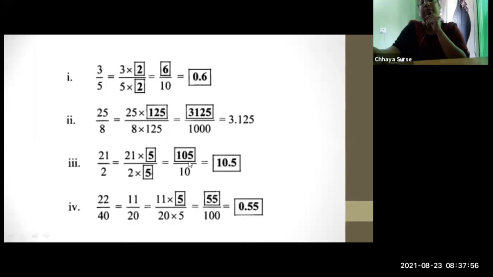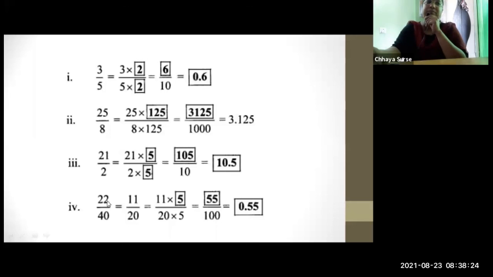So before the 1 digit, count 1 decimal place, and we put the decimal point. So the answer is 10.5, because 10 is here, so the decimal place is also 1.